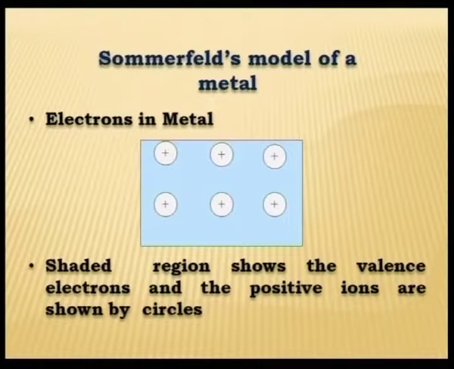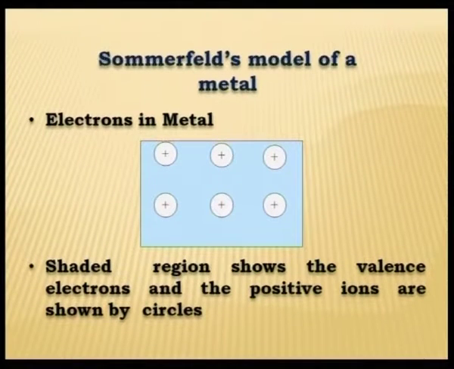In the theory given by Sommerfeld, irrespective of the place where you find the electron, if you have an electron separated by a distance r, the potential energy will be e²/r. But when you have electrons here and here and here, when the distance changes, the potential will change.